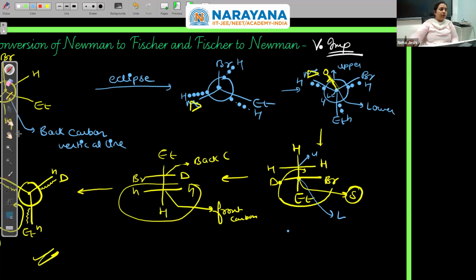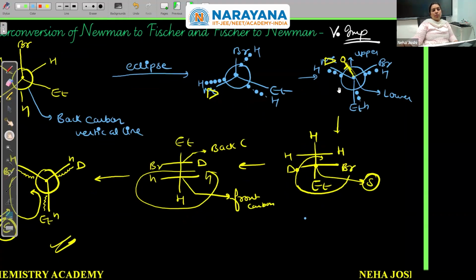Okay. I hope you are getting what I want to say, that you have to clearly define which you are taking as the upper one and which as the lower one. And then once you decide the back carbon is upper, then for it the bottom is H. So you put H. Ethyl, ethyl, because you are pressing it just on a plane of paper, right?